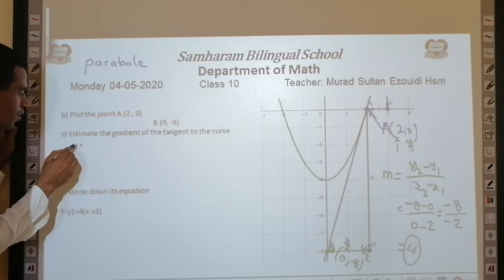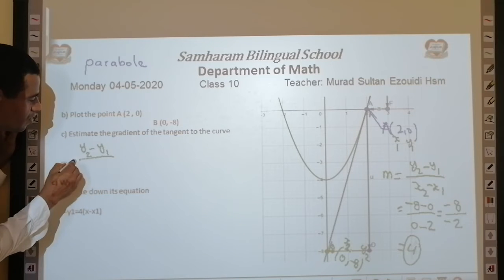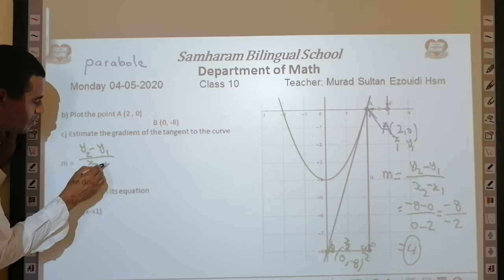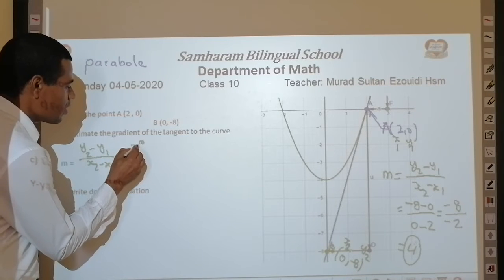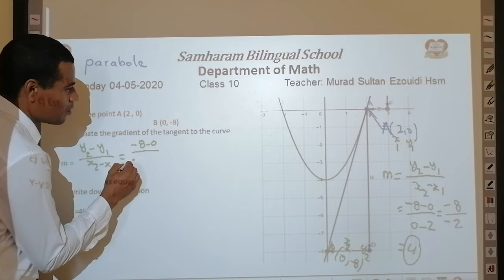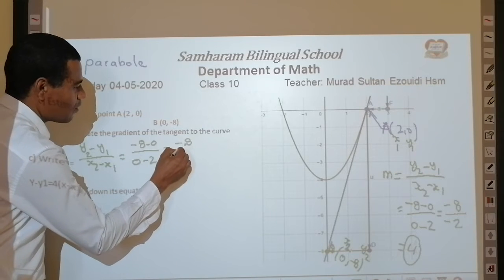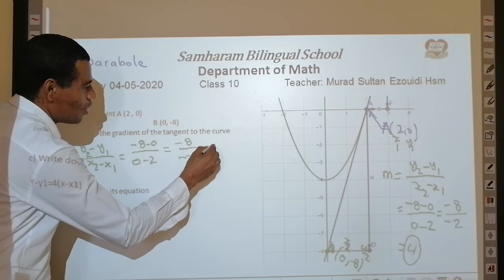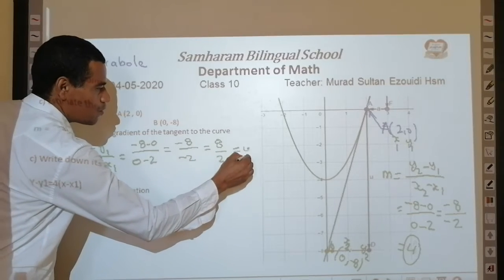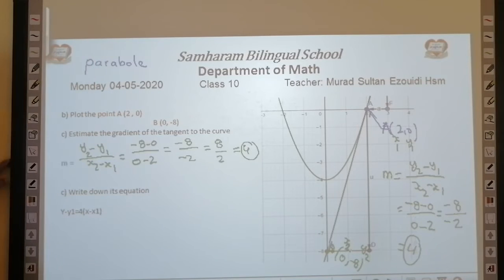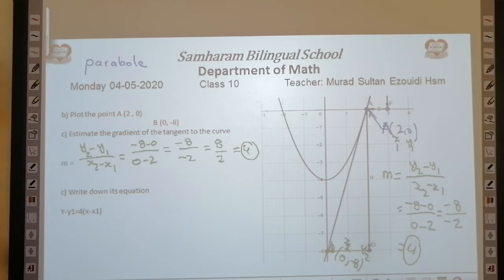So m equals y2 minus y1 over x2 minus x1 equals -8 minus 0 over 0 minus 2, which is -8 divided by -2, 8 divided by 2 gives 4. This is the gradient of the tangent to the parabola.